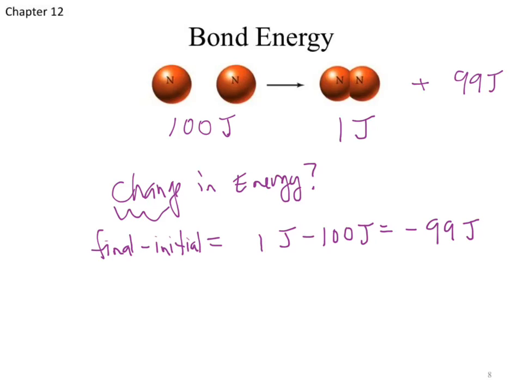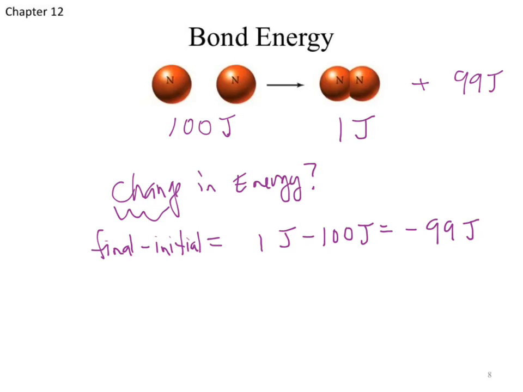The minus tells you that that energy term was a product. That's all the minus tells you. Mathematically, it has to be there if we're going to look at equations. But as far as our chemical understanding, that just means that 99 joules of energy was a product. It was released in the course of this reaction.